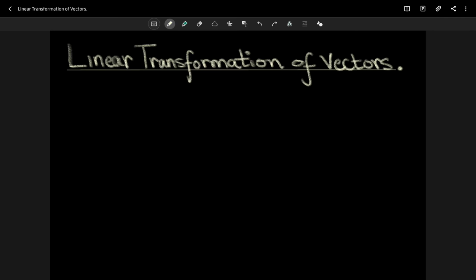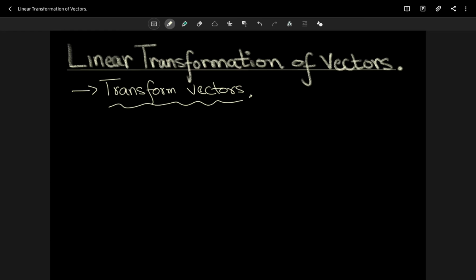So first and foremost, we can transform vectors, right? So transform vectors. And we are going to devote a great deal of attention to this topic of transformation of vectors, right?